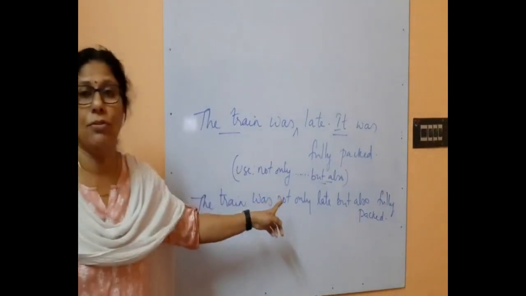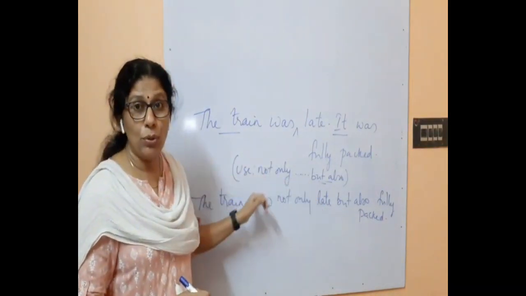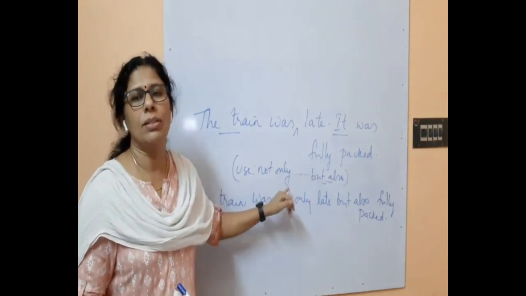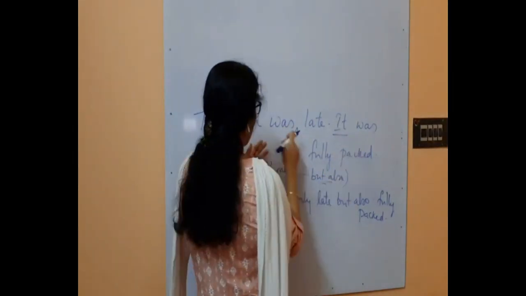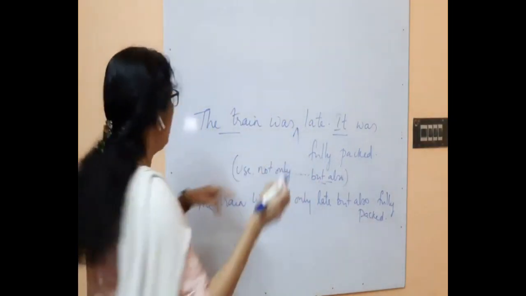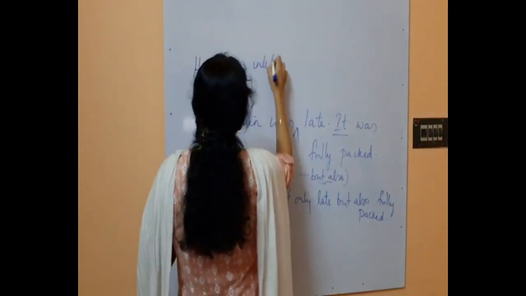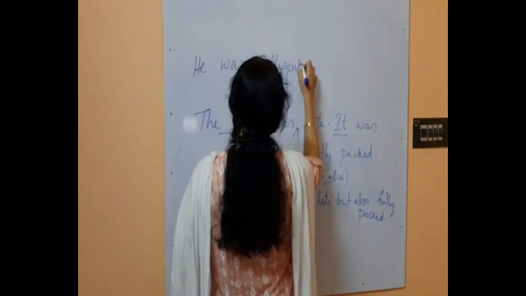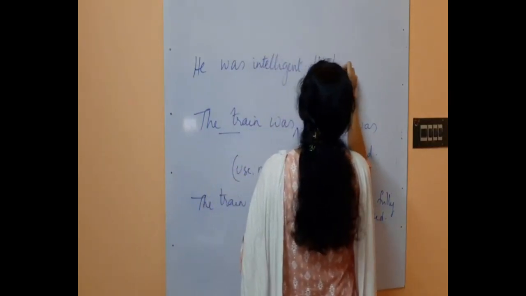This is how we have to combine the sentences using not only but also. If both the subjects are same, you have to insert it after the verb. Okay. He was intelligent. His brother was intelligent.